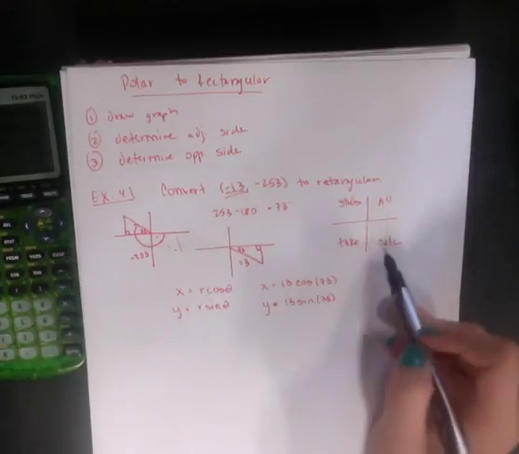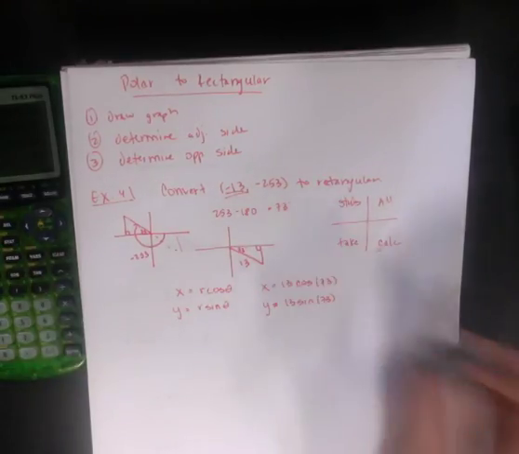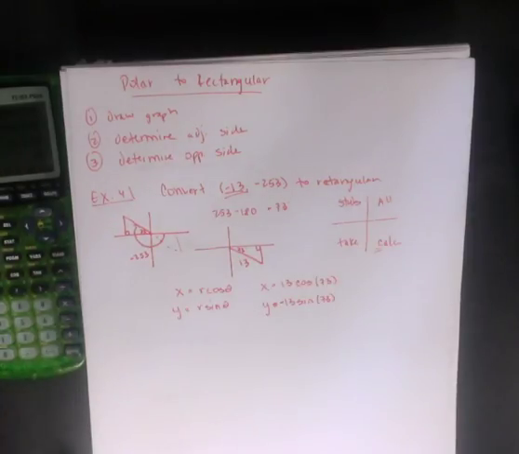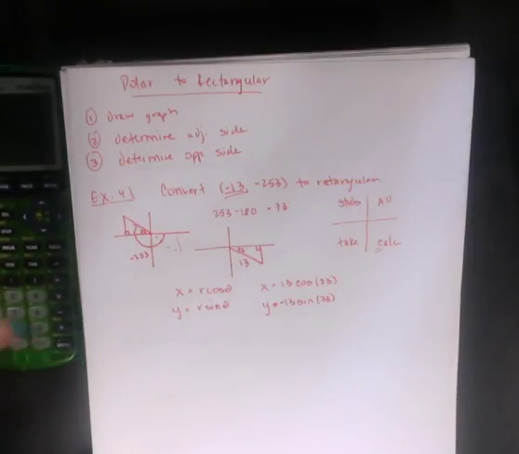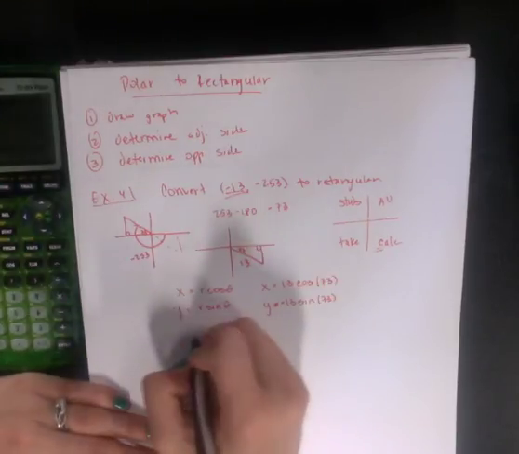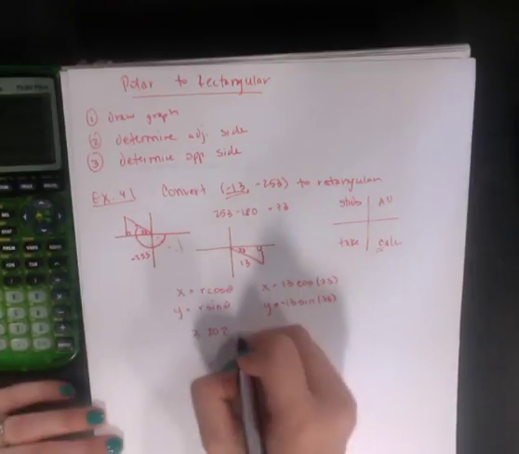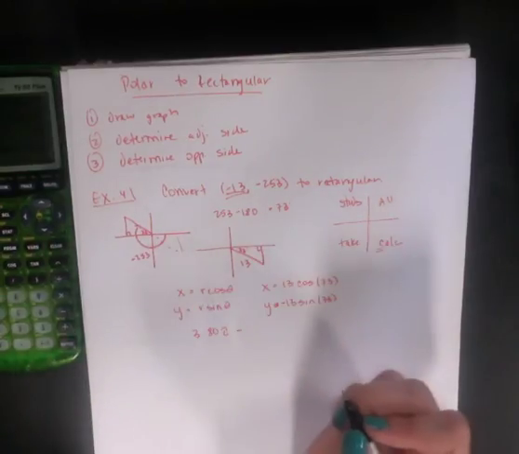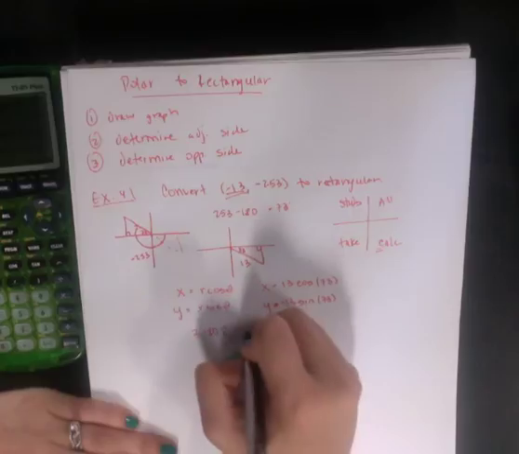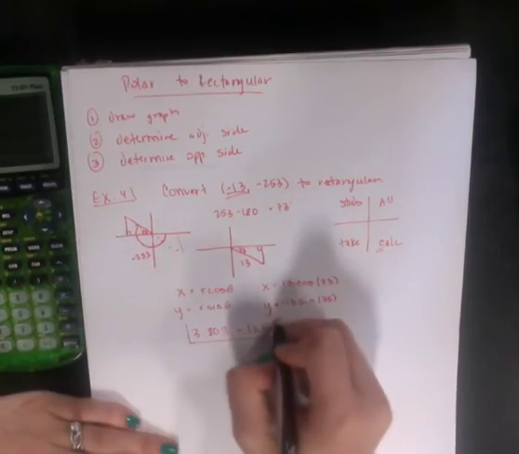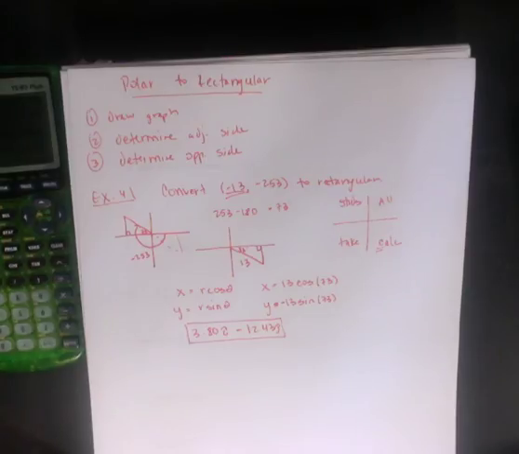But because we're in the 4th quadrant, we know that cosine is positive in the 4th quadrant, but sine is negative. Okay, now I'm going to find these values in my calculator. I will have 3.80 i hat minus 12.43 j hat. Okay, that is converting into rectangular form.